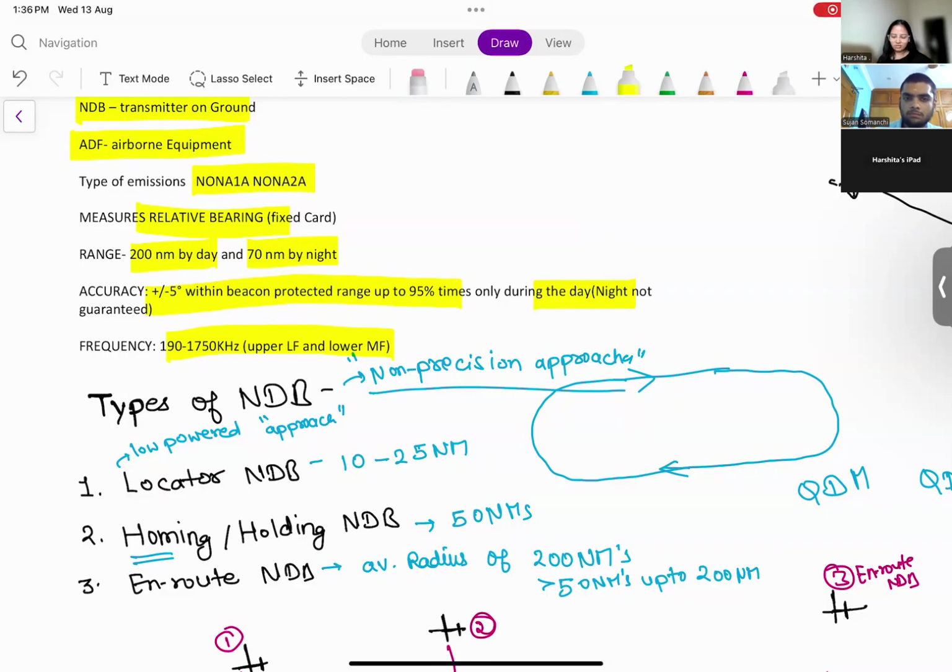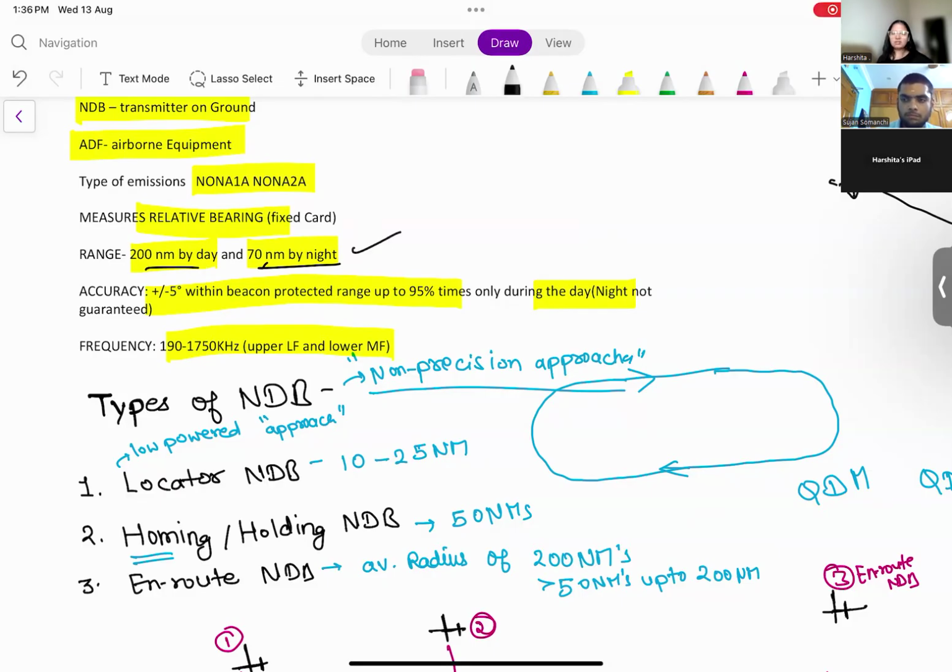That's why the range reduces at night. This question will be asked directly. What is the range of NDB at night and during the day? During the day, it might be 200 nautical miles, but by the night, it reduces significantly. 200 divided by nearly 3, which is 70 nautical miles.